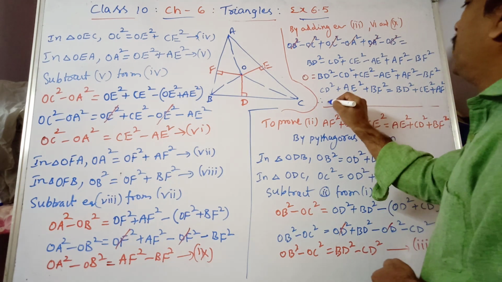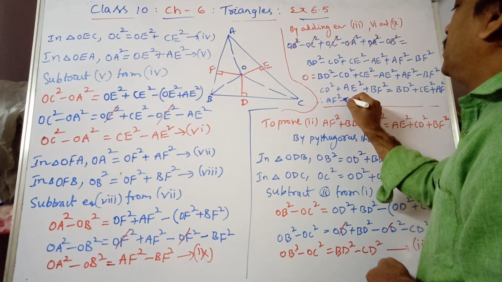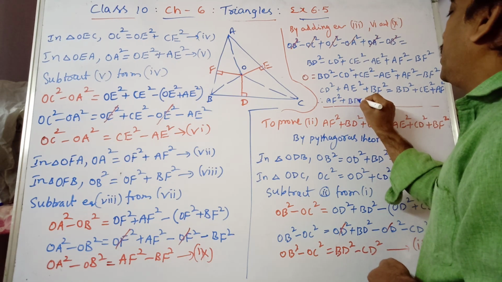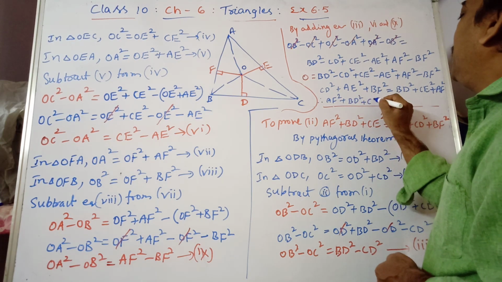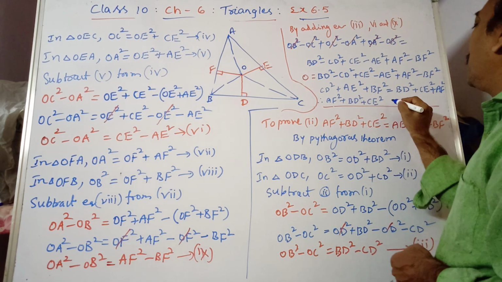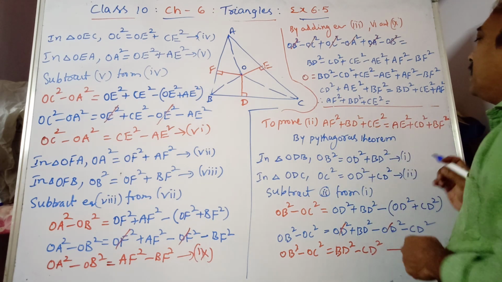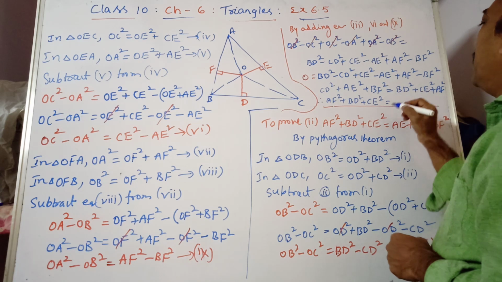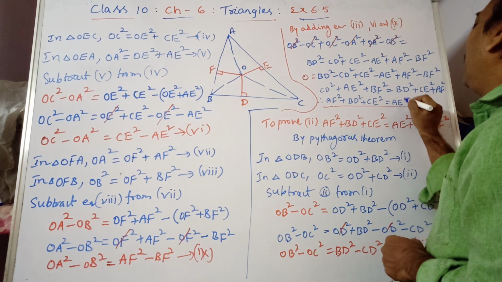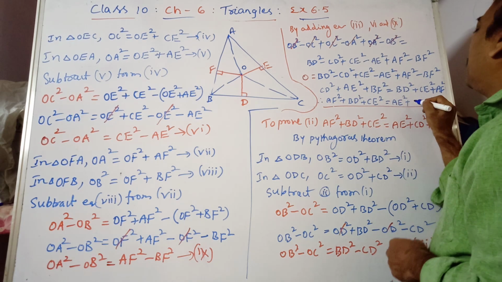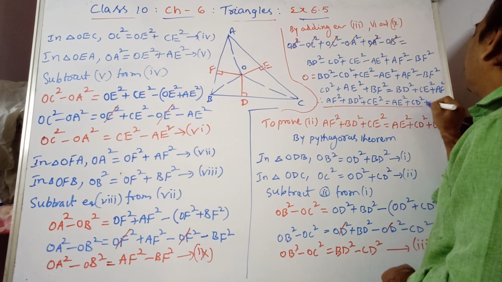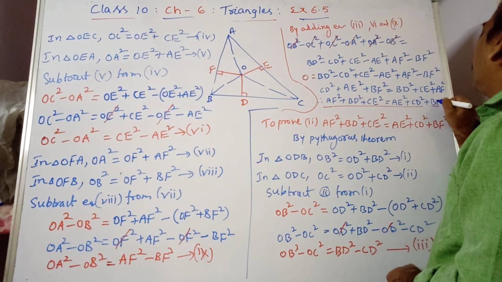Therefore you can write AF square plus BD square plus CE square is equal to AE square plus CD square plus BF square.